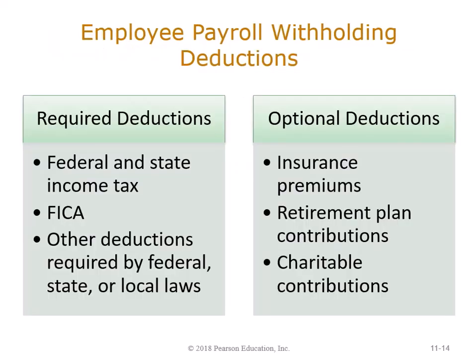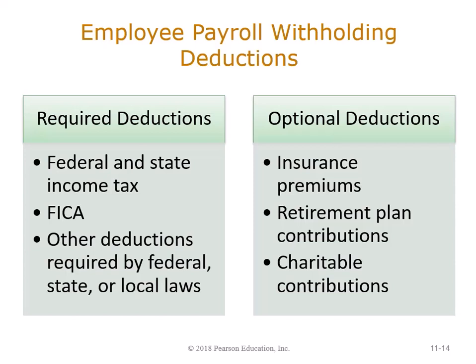Okay, employers are going to have to make a variety of deductions when it comes to employee paychecks. Some of them are going to be required. Some of them are going to be optional. Some of the most common required deductions are going to be federal income taxes and state level income taxes. Most states have a state level income tax. There are a few states that do not, but most of them do. And you'll even find a few areas where there may be some sort of local income tax.